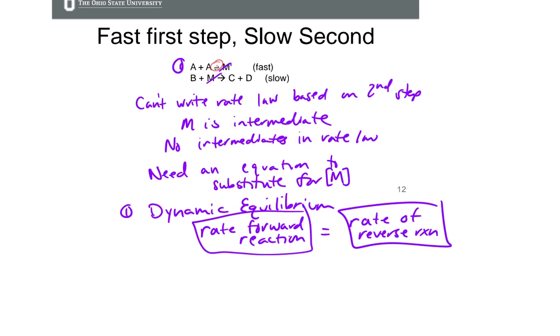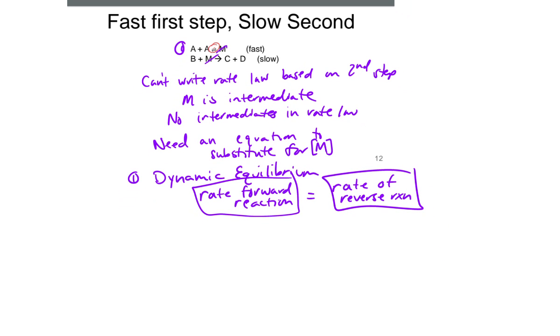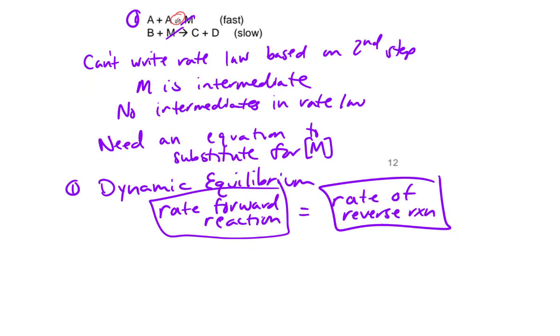We're going to keep going on this slide. If in step 1 we know that the rate of the forward reaction equals the rate of the reverse, we can write this in terms of our elementary reactions.